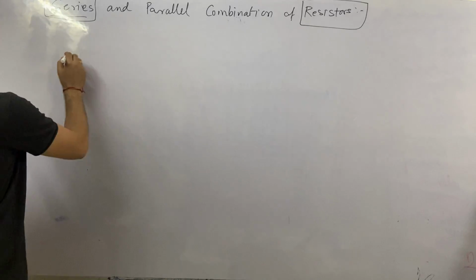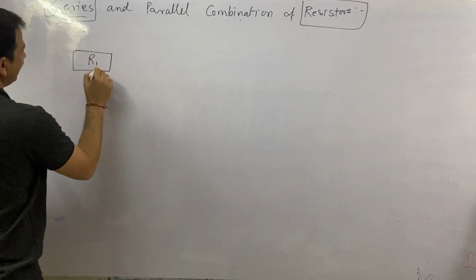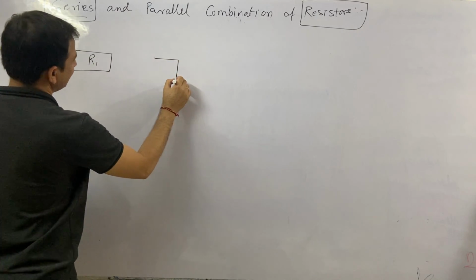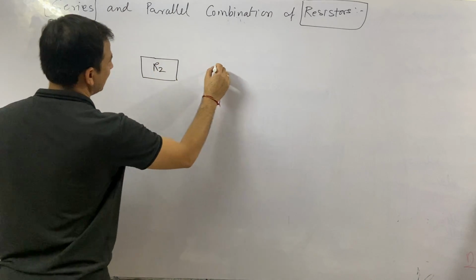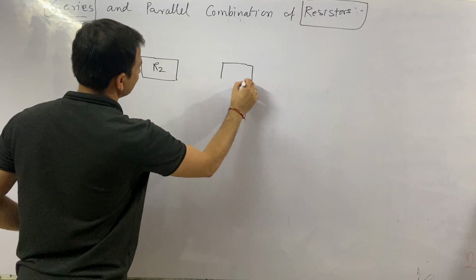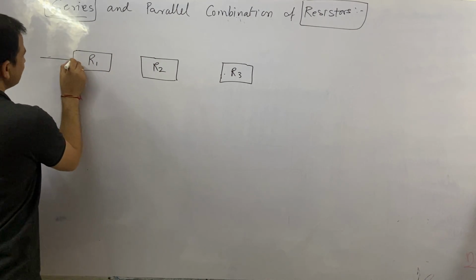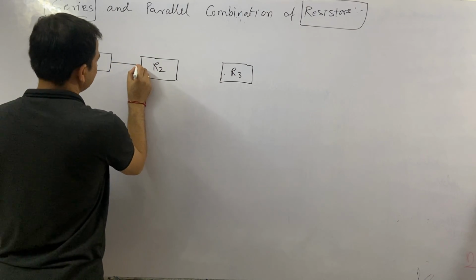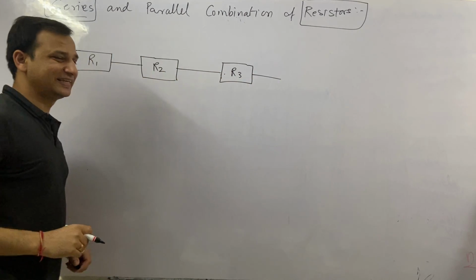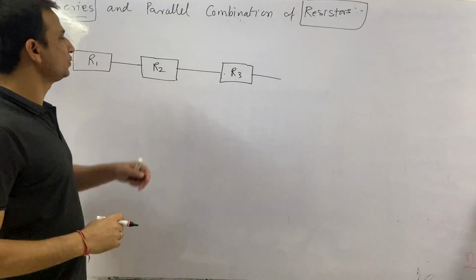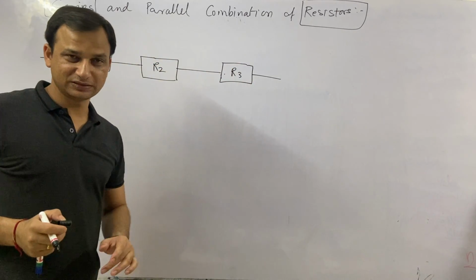So imagine there are resistors like this. This is R1. There is another resistor, this is R2. And there is another resistor, this is R3. This type of setup is called series. And it's not necessary that only if they look like this, it will be series.